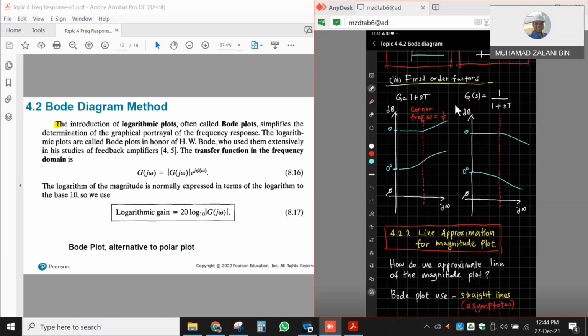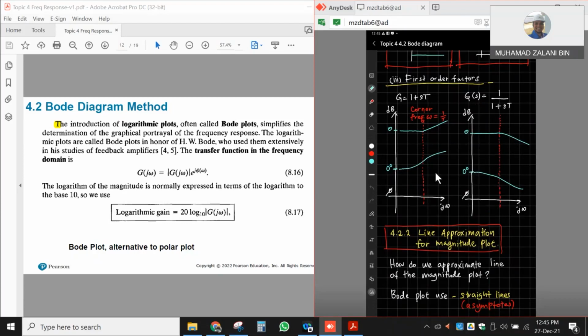For the other first order function, G(s) equals 1 over 1 plus sT, we can expect the Bode plot to look like this. When we plot the magnitude, it will start from 0, constant. At the corner frequency, it will turn to a straight line of negative decibel toward infinity as omega increases.